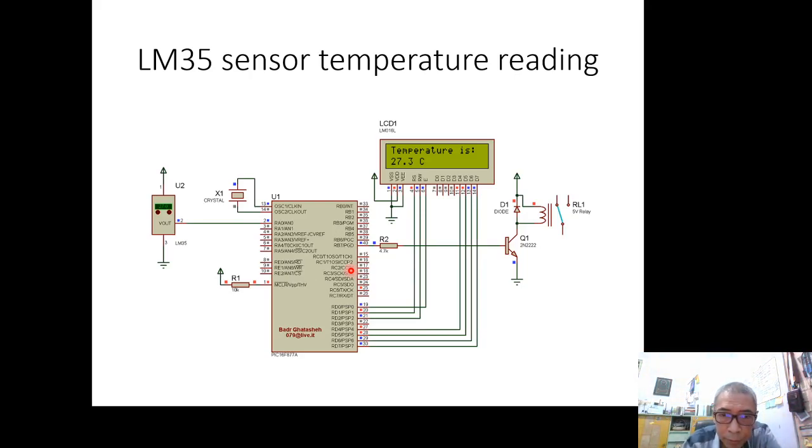Okay, this is a more practical application because we need to read the LM35 sensor. What we have here is a Proteus schematic, and this is the LM35 simulator, and this is the LCD. We can use the LCD library to display the measured LM35 sensor temperature reading.